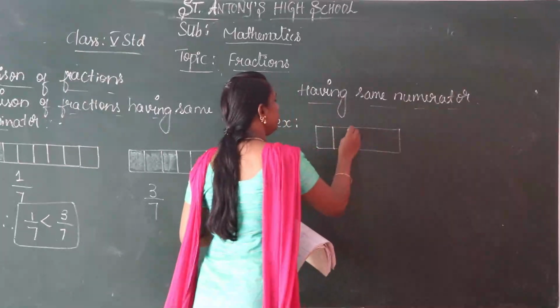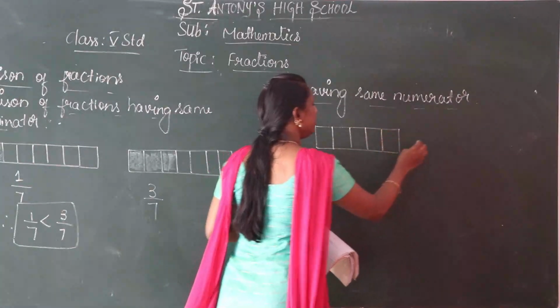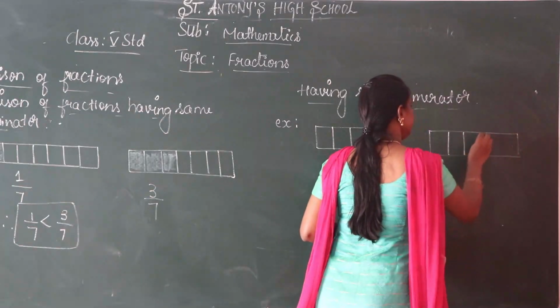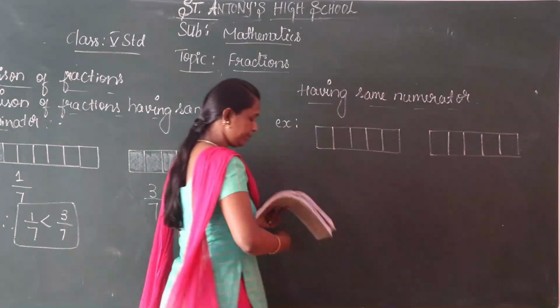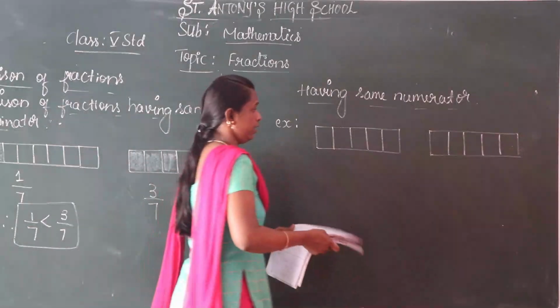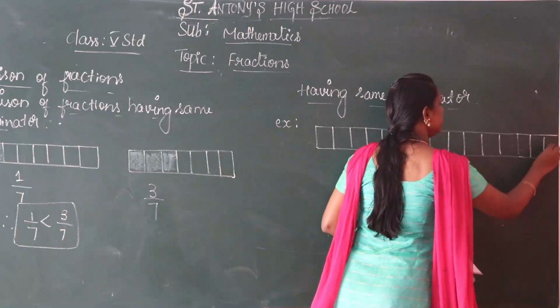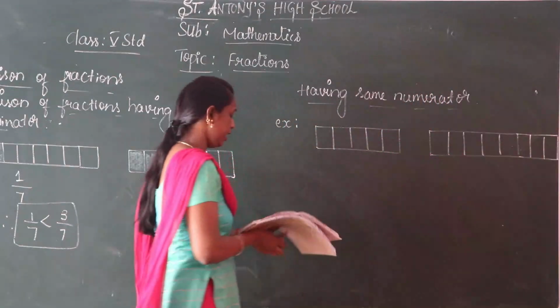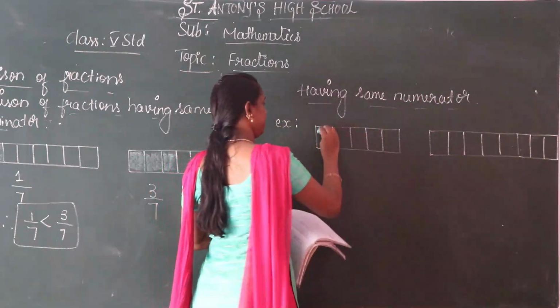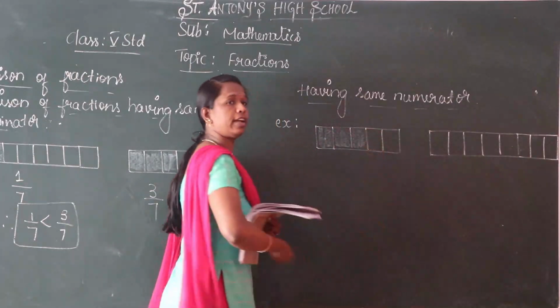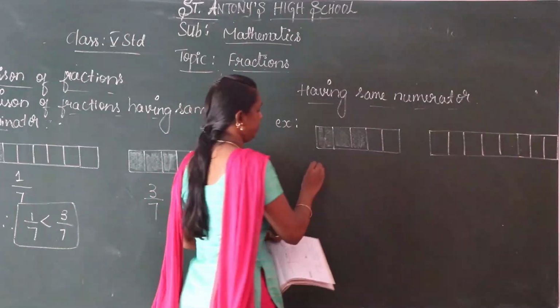Example, 5 boxes are there. Here we have to shade 3 boxes. Shade this one into 3. The fraction is 3 by 5.